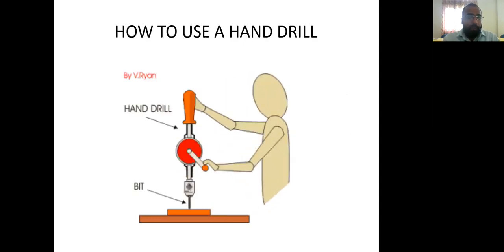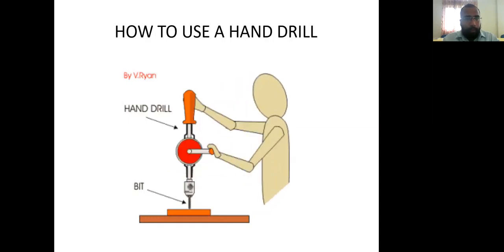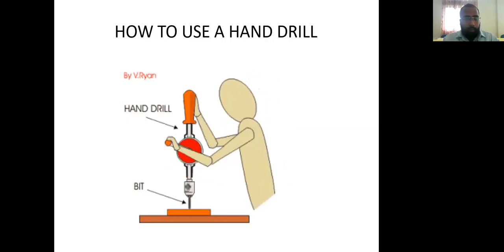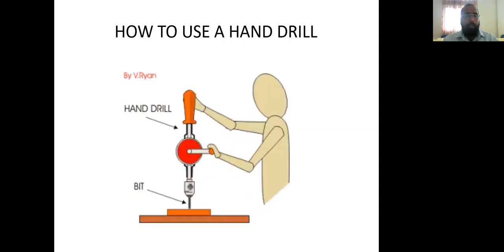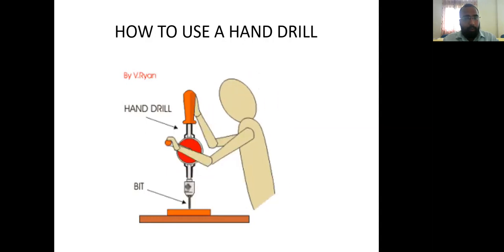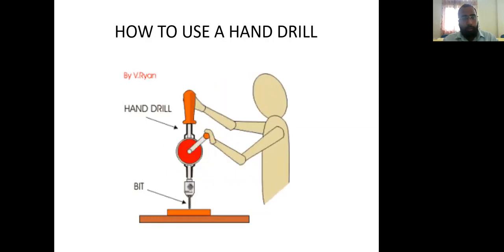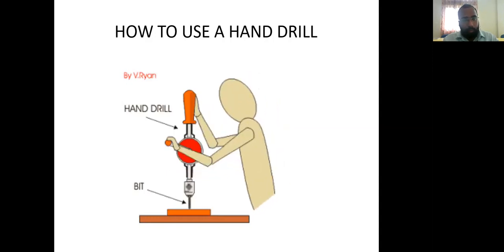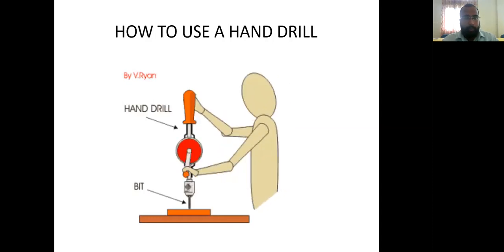So how to use a hand drill? Just out of curiosity, I'm putting in this animation or GIF file. Here a human being is trying to do the drilling operation by hand. This has come a long way. Now electricity, or pneumatic or hydraulic or other driving systems are used to drive the machines.